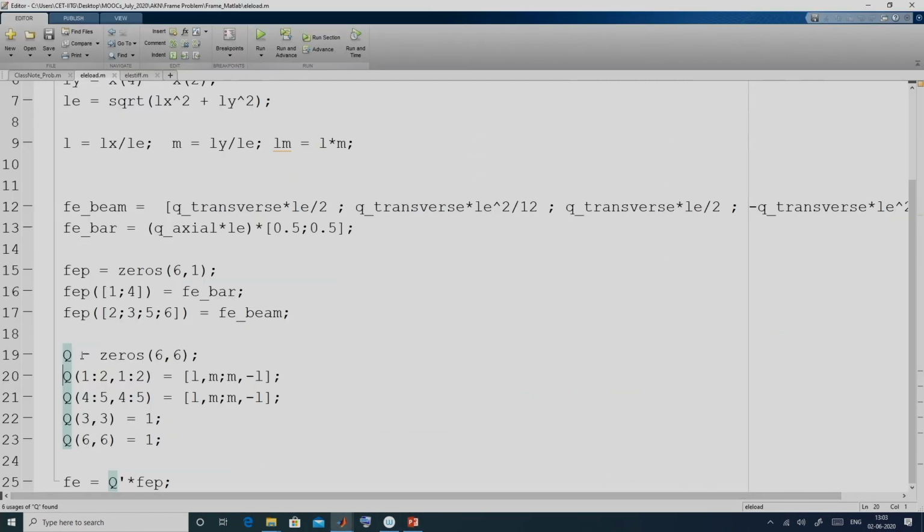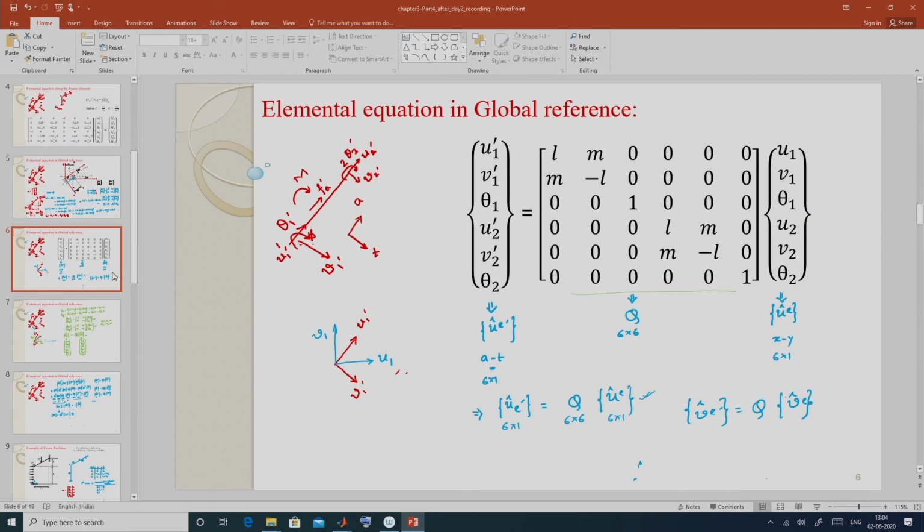So, that is entered here. So, this is our Q matrix. So, finally, we get our Fe with this Q transpose Fep. Thus, we get element load vector for distributed load.